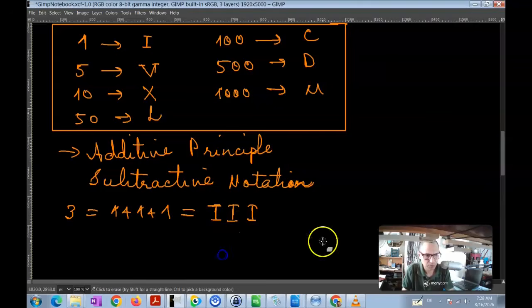If you want to write, for example, a 6, it essentially in this number system is a 5 and a 1.